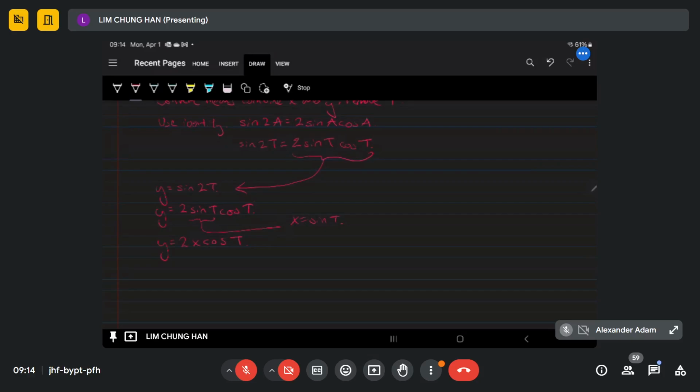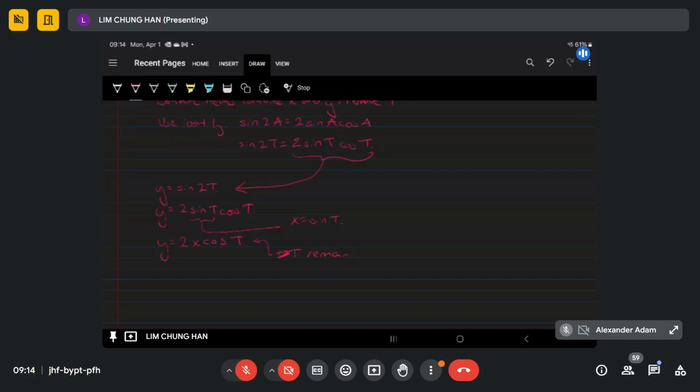So have you finished? No, you haven't finished. Why? Because you still have a t here. Your t remains. You don't want any t at all. You want to combine x and y and remove the t. There's still one t there, so you haven't solved the problem.